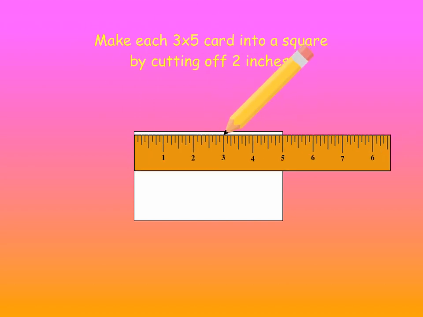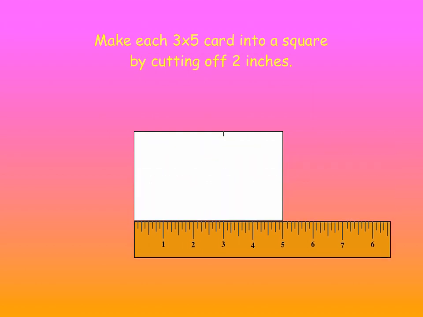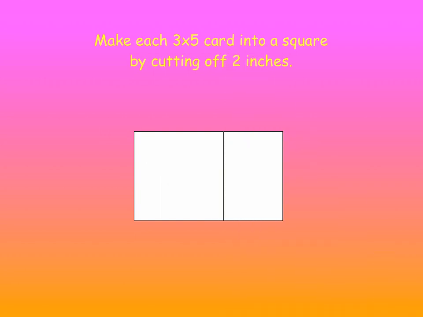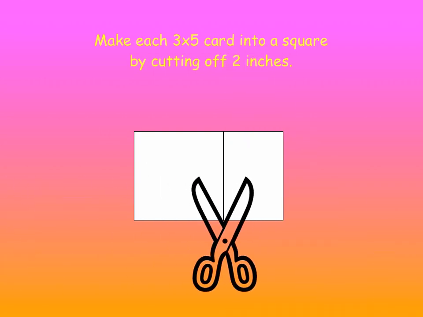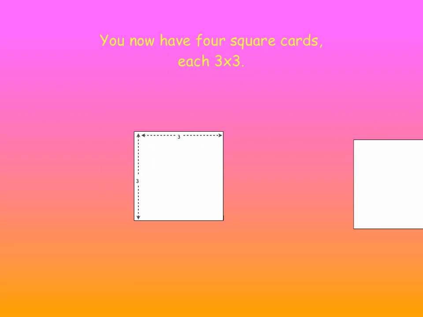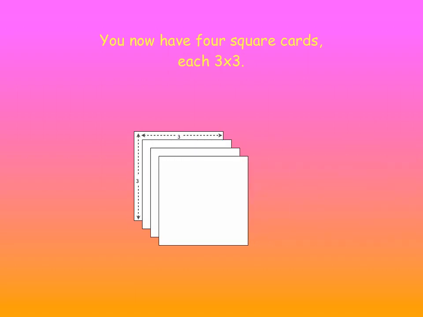So you measure there, move your ruler, mark it 3 inches, move your ruler, draw a line, cut along the line, there. And you do that with all of them, and you now have 4 square cards, each 3x3.